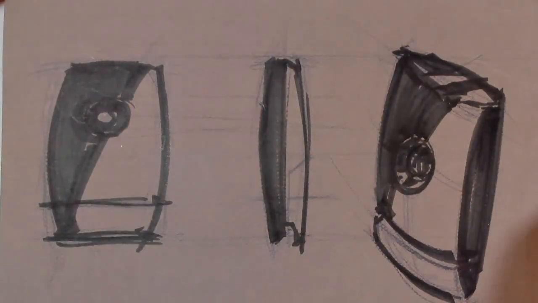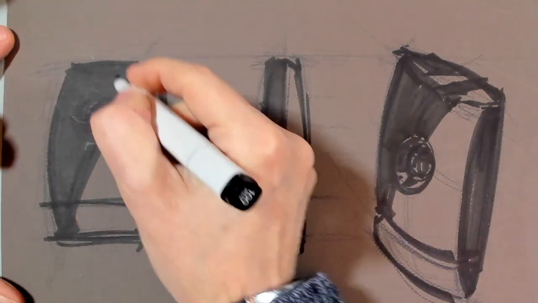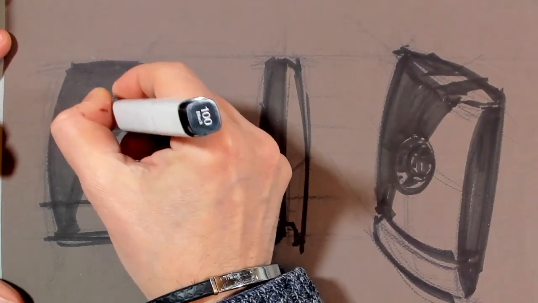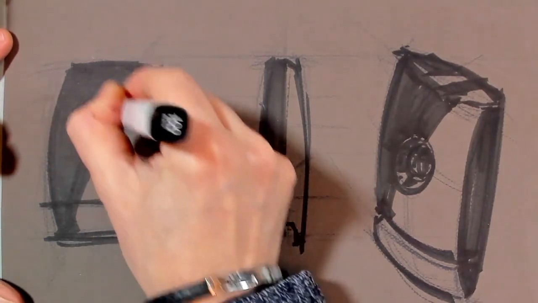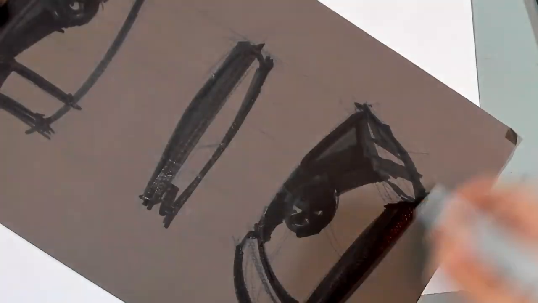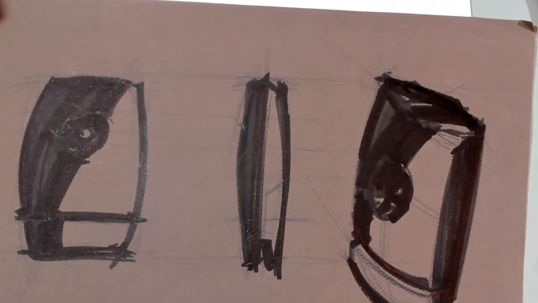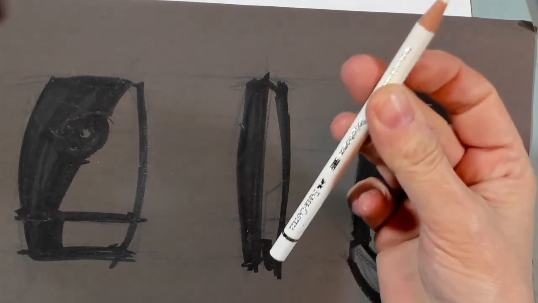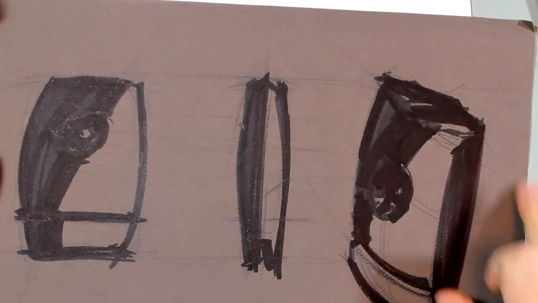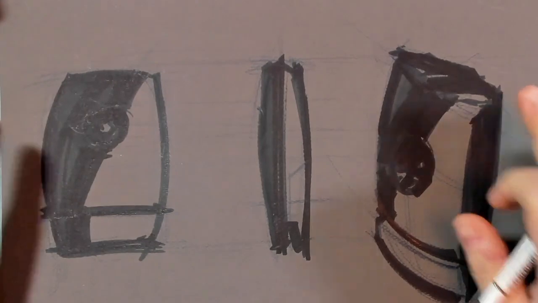Now I'm not finished, because I will take my black marker and I will just do what's really dark. All right, now I'll take the white pencil and I will start making some details.